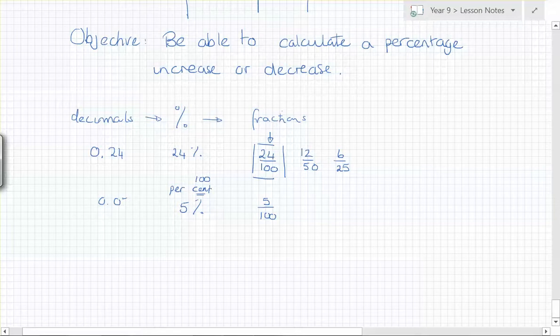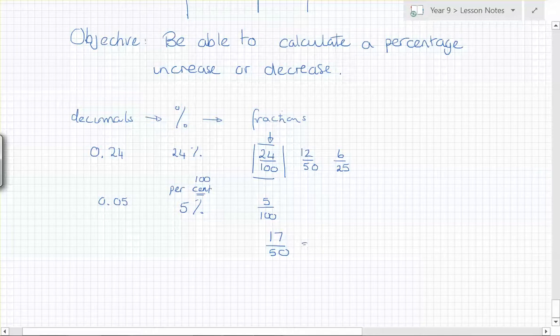0.05. Yeah, 0.05. And Sophie, if we have 17 over 50 as a fraction, what would that be as a percentage? Hard one. Do you want to change the fraction first?